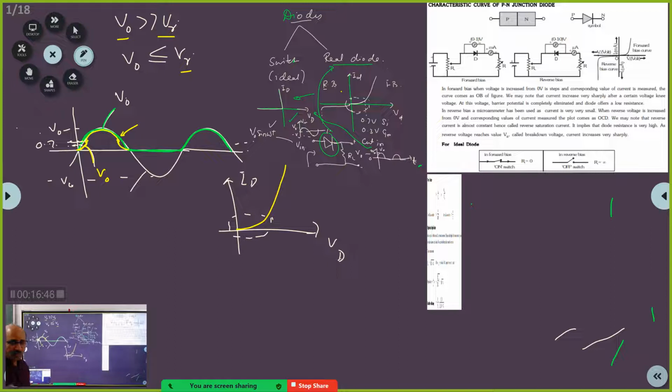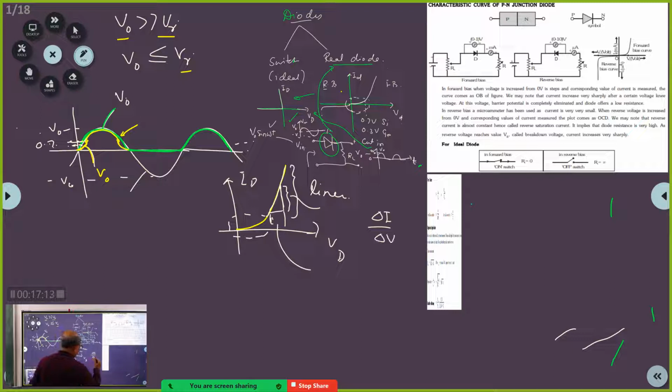Now, this range is also non-linear, but for all practical purposes you can take this range to be linear. So if I make this, what is this? This is delta I. And what is this? This is delta V. And what is this? This is 1 upon R. Correct?